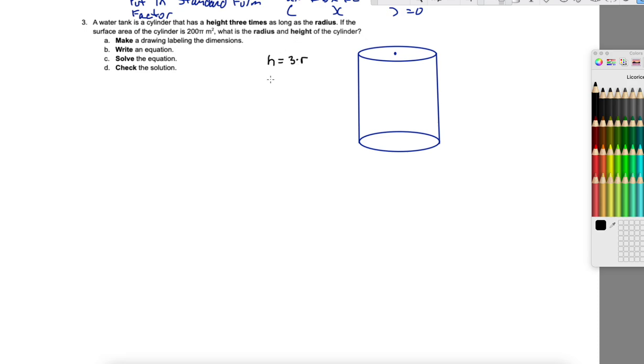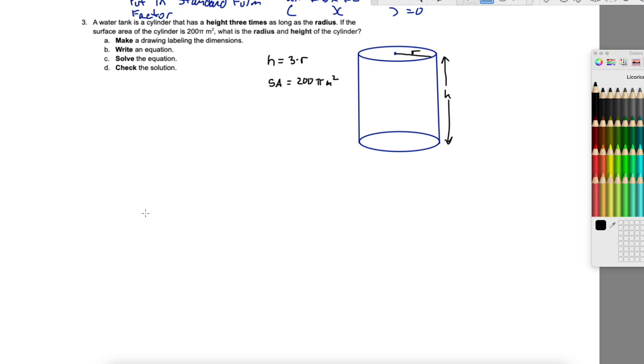The surface area of the cylinder is 200 pi meters squared. What is the radius and the height of the cylinder? So this is the radius, and this is height. We only have 2 dimensions that we need to worry about for a cylinder. Okay, so what is the equation for a cylinder?